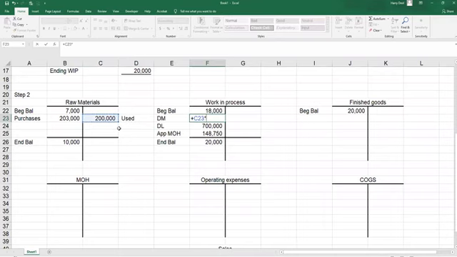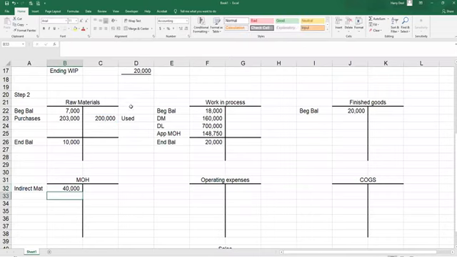So 80% of 200,000, 160,000 is direct materials, and the rest is indirect materials. So 20% of 200,000, 40,000 is indirect materials.